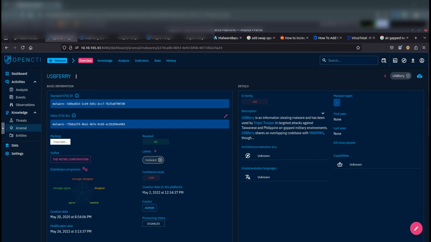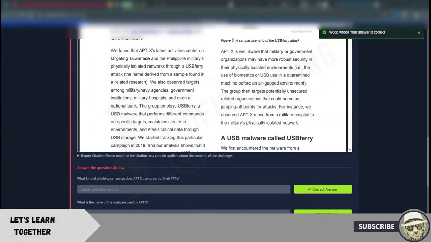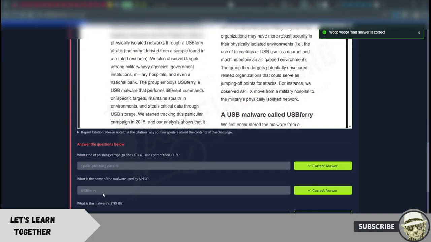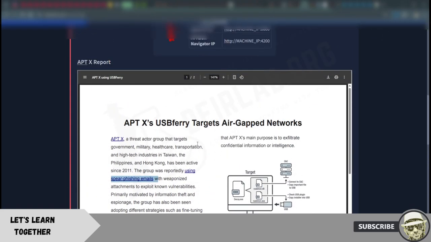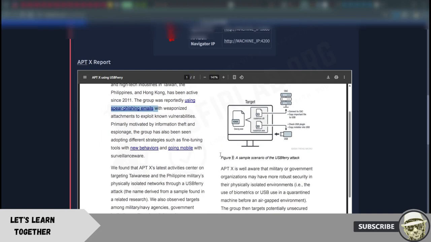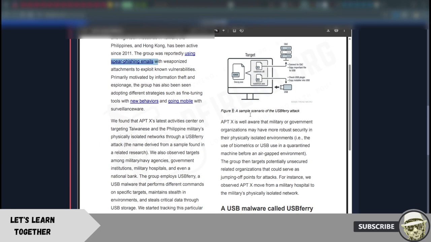So basically, USB, very easy malware. Simple scenario of USB fairy attack.